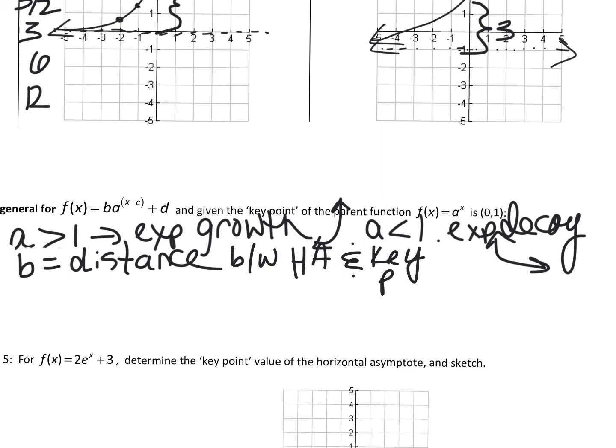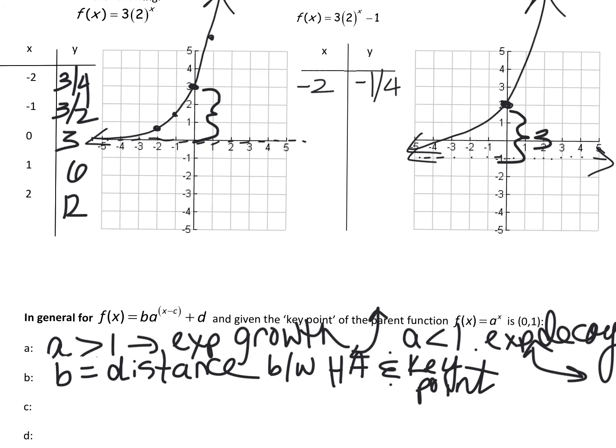That's 1 originally, but if this B value is 2, 3, 4, when you graph your horizontal asymptote, which we'll get to in a second, that's how far you go from the asymptote to get there. Now, since B is positive, we're going up 3. But if B was negative, that would be a negative on the outside, which flips the graph down. So if I had a -3 out front here, instead of going up 3, I would go down 3 from this asymptote.